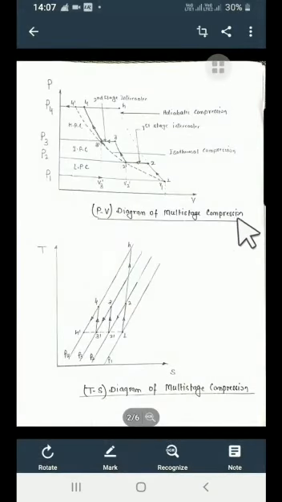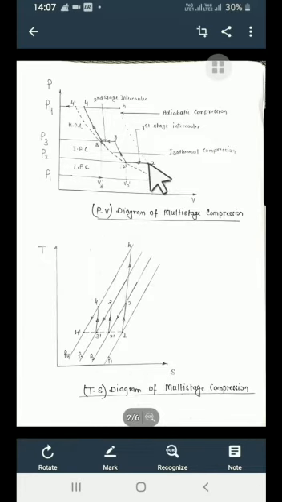This is the PV diagram of multi-stage compression, which is three-stage compression. What is happening? Air is compressed isentropically from point 1 to 2 in the low pressure cylinder.